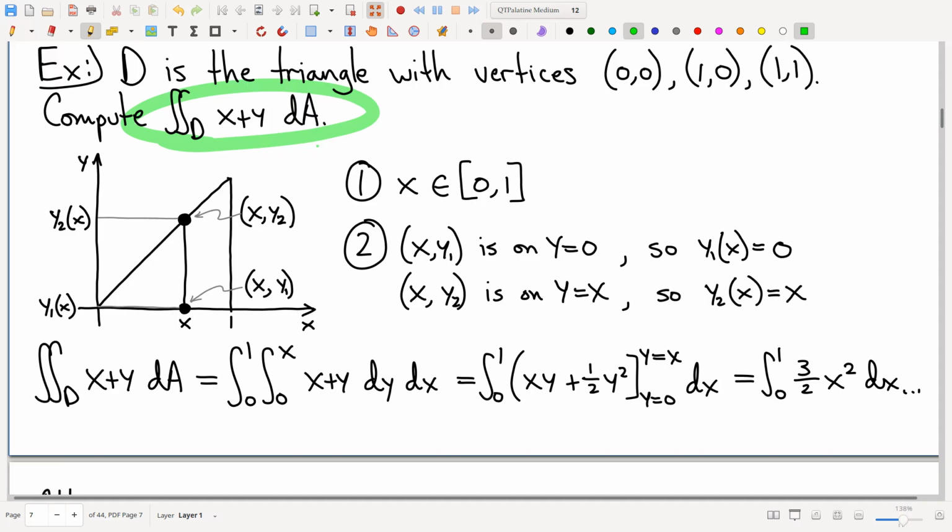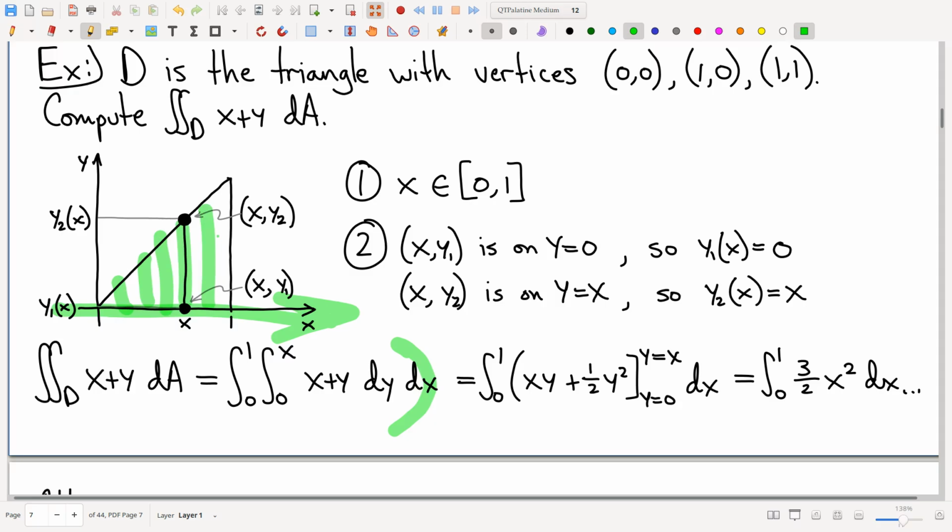So, for no particular reason, I'm going to do dy dx. I'll do dx dy on the next page. So let's think about our x slices. Remember, our slicing process is always outside in. As I go in that direction, this is what my x slices look like.